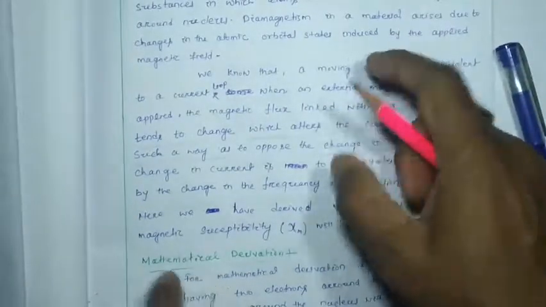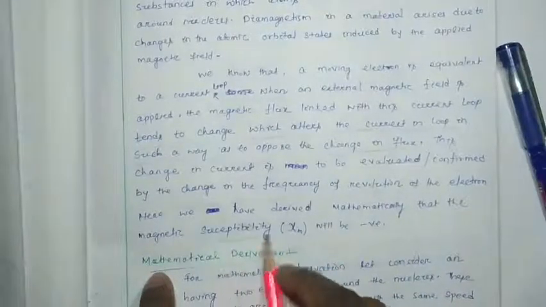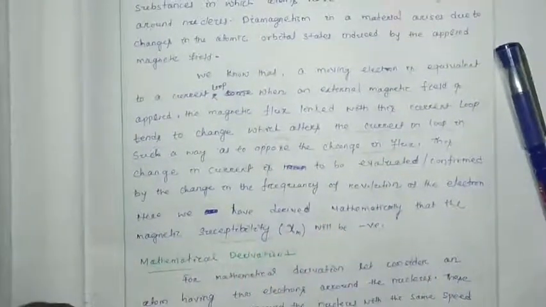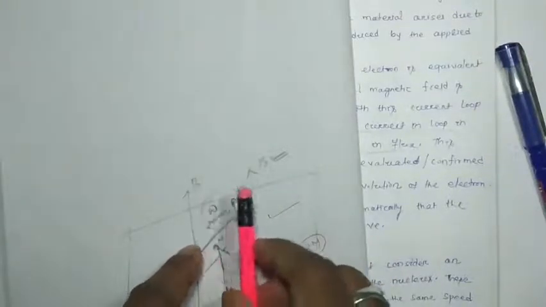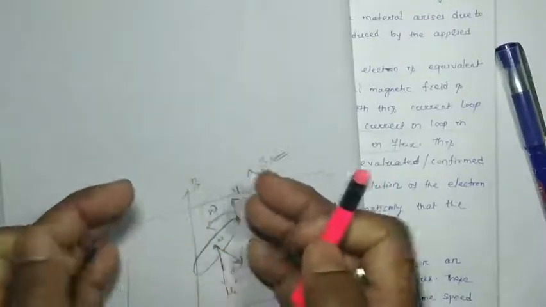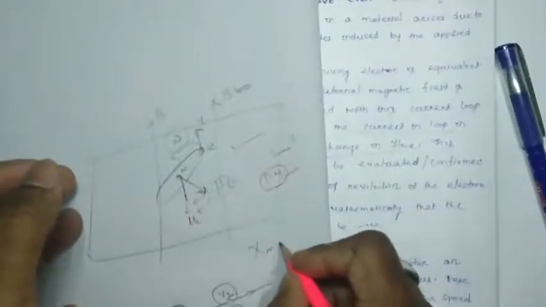We know that the susceptibility of a diamagnetic material is negative because its induced magnetization inside the material opposes the applied magnetic field. So when the induced magnetization inside the specimen opposes the applied magnetic field, that specimen is called a diamagnetic material, and its susceptibility will be negative.